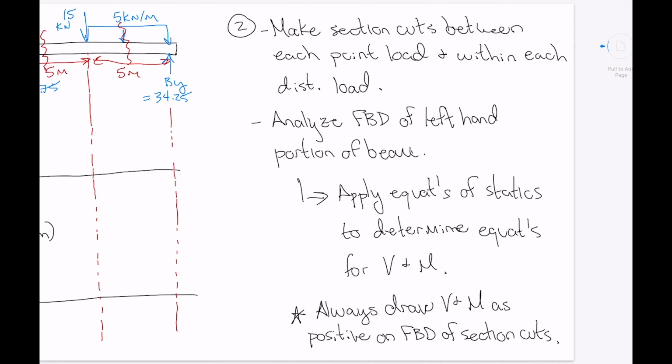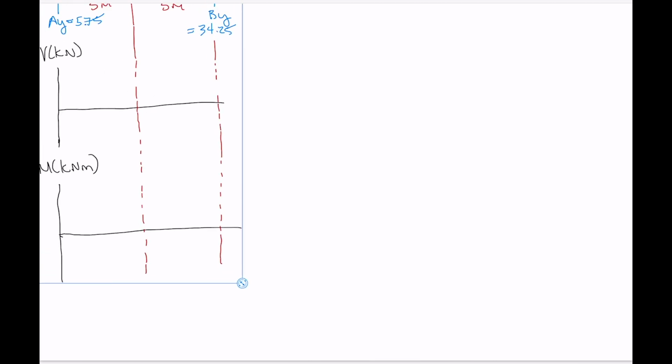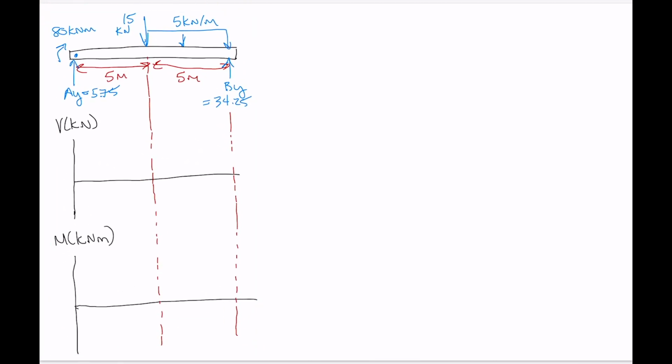So again, let's flip to a new page here, and we'll just paste on our previous drawing. So let's take our first section cut then. That's the section cut between support reaction force AY and our 15 kilonewton point load. And remember, we're doing the section cut and drawing the left-hand portion of the beam.